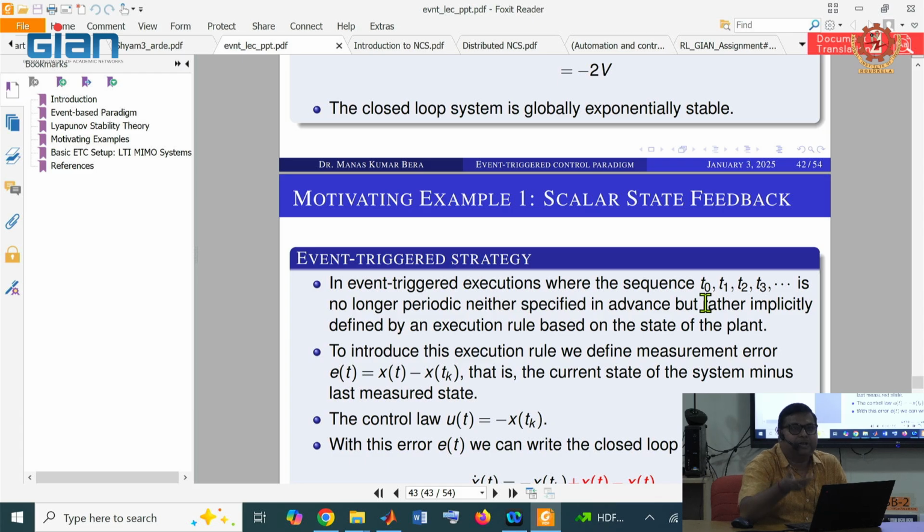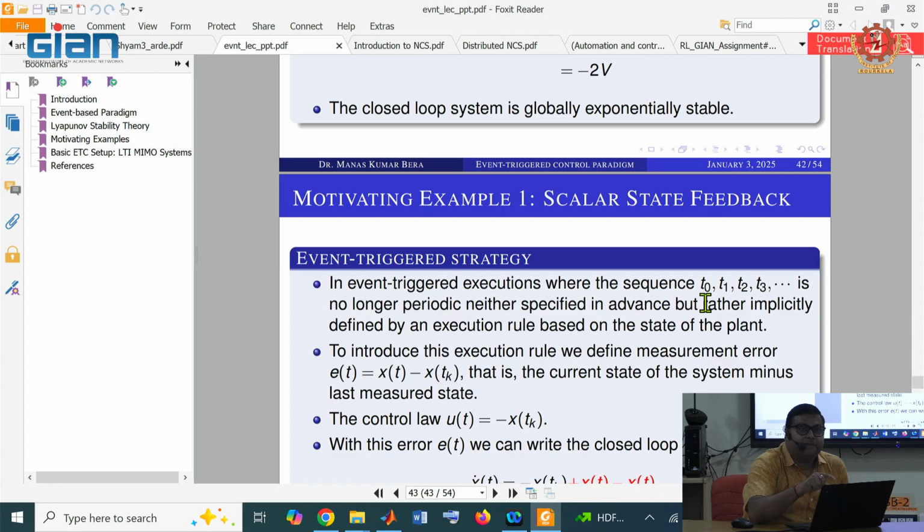What is the advantage of event based sampling compared to time triggered or periodic sampling? Less computation, as well as fewer samples passed through the network. Essentially the congestion will be lesser and the bandwidth requirement will be lesser. That is the motivation to use event triggered sampling.